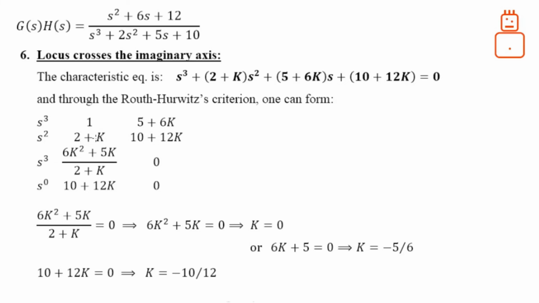This is obvious, it also gives a negative value of k, which will be k equal to -2. All of these items here will give negative values of k, which all are out of the range of consideration of k here. So we will not have any cross with the imaginary axis with the corresponding values of k from the Routh-Hurwitz criterion.